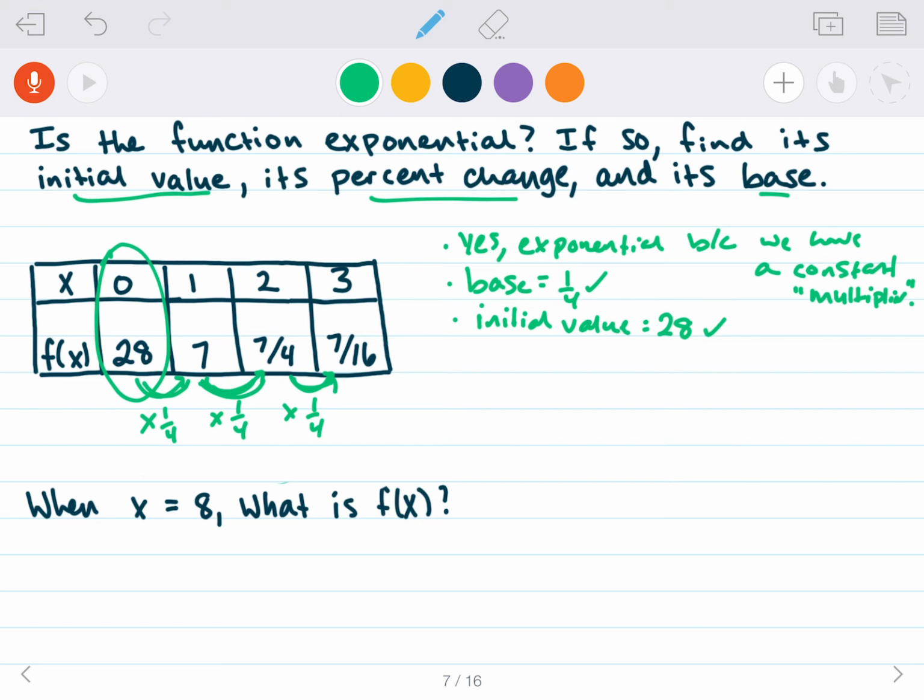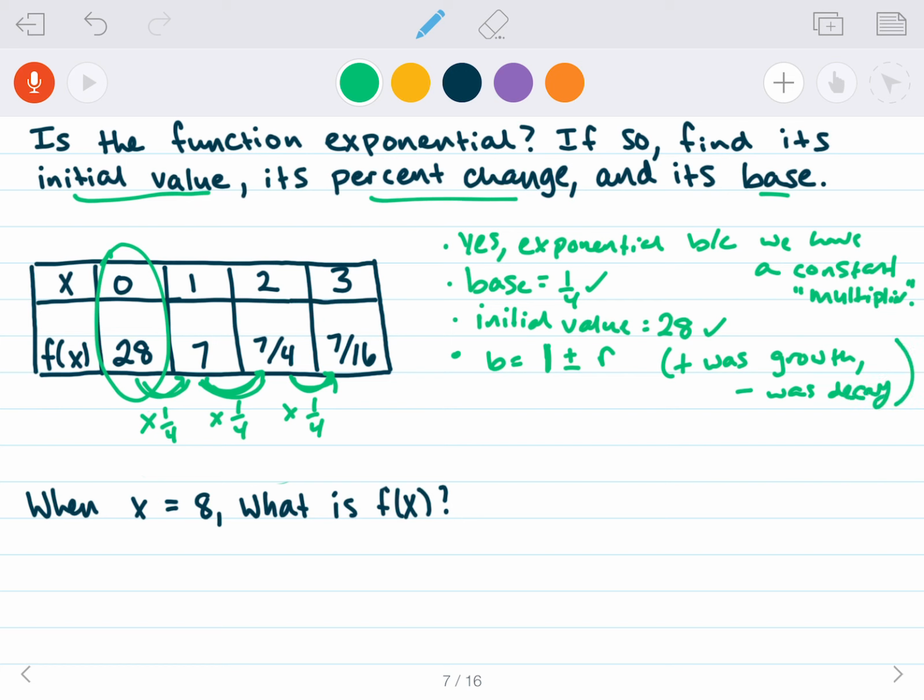Now the percent change. Remember that we had a little formula for it. We had that the base was going to be equal to 1 plus or minus the percent change, and I'm trying to remember what I called it. I think I called it r, depending on if it was growth or decay. So plus was growth, and minus was decay, depending on what situation we had.